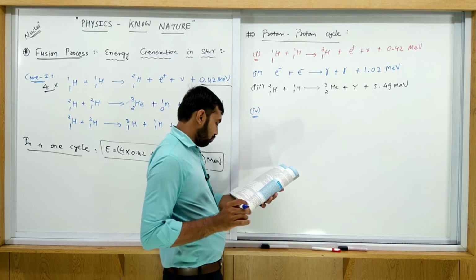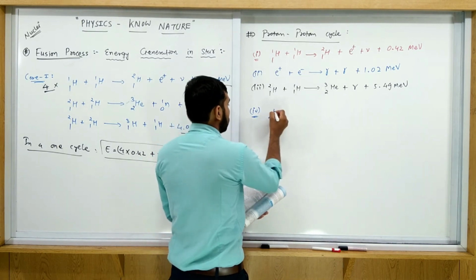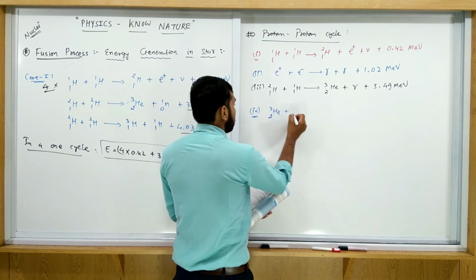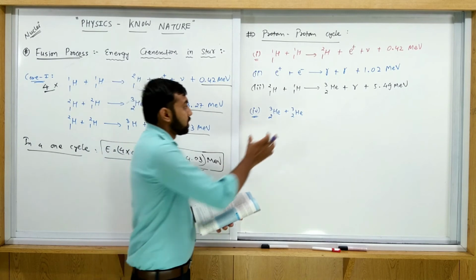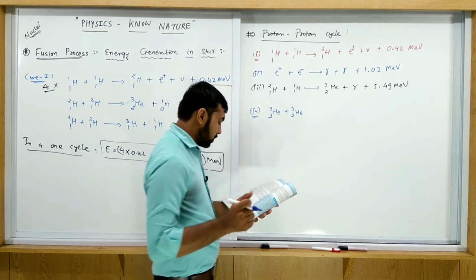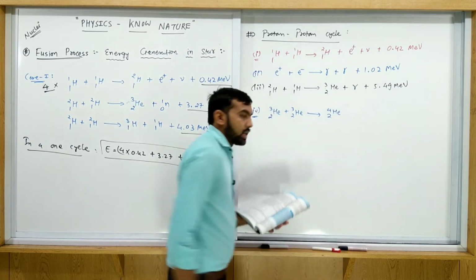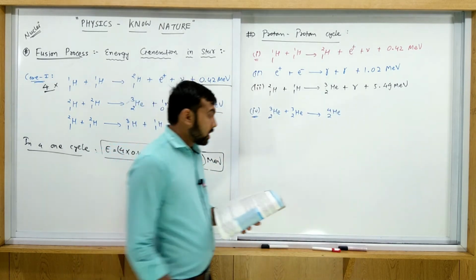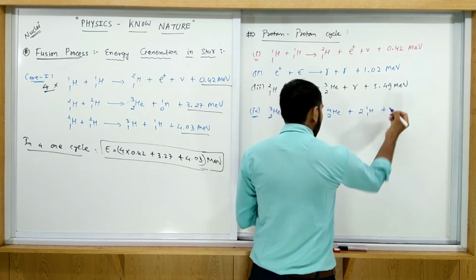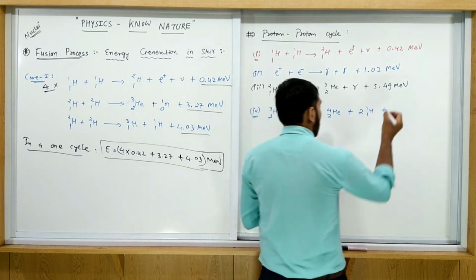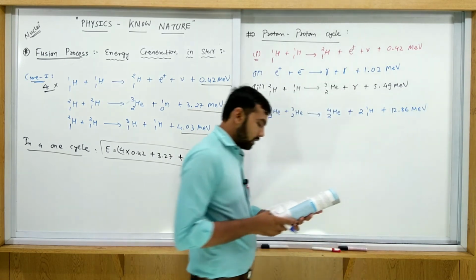And finally the fourth process: two 3he, meaning two helium isotopes, are recombined to each other, and 2he4 is produced with 2 hydrogen, and in this process a total of 12.86 MeV energy will be released.